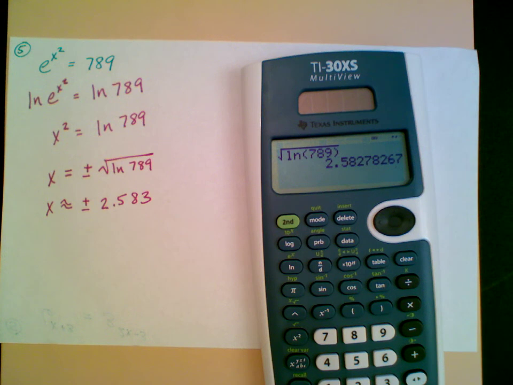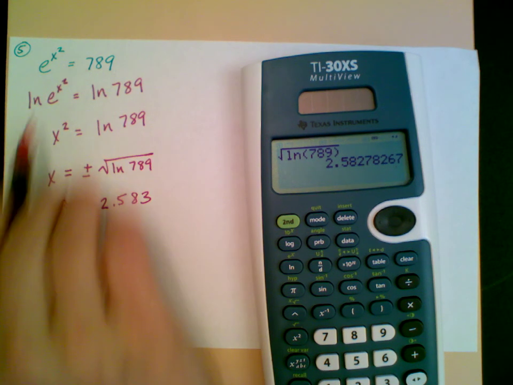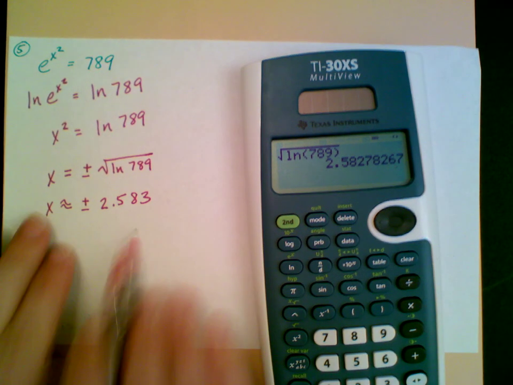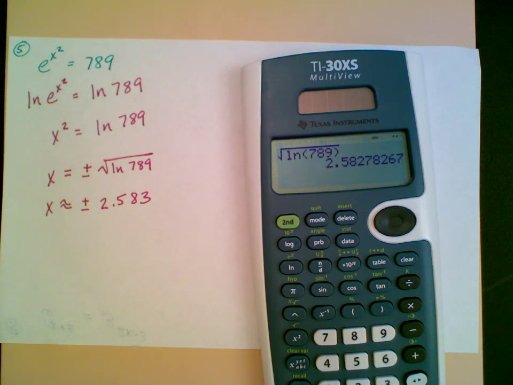But exponential functions can have negatives or 0 in them. The domain of an exponential function is the set of all real numbers. It's the domain of a logarithmic function that's the set of all positive numbers, and you have to be careful about not putting 0 and not putting negatives into a logarithm. But solutions, as far as this one are concerned, can be any real number, and I have two very good solutions right there. And that is it for solving exponential equations.